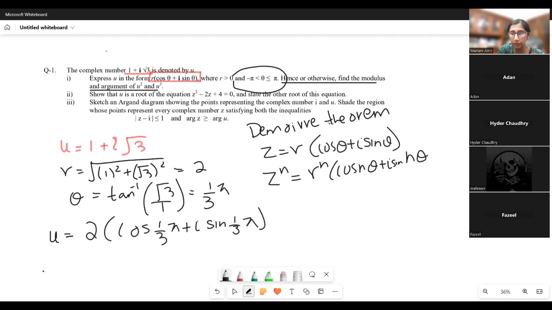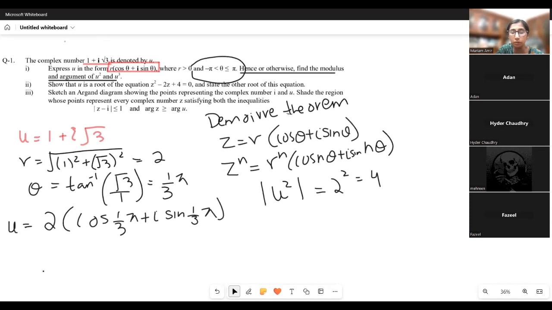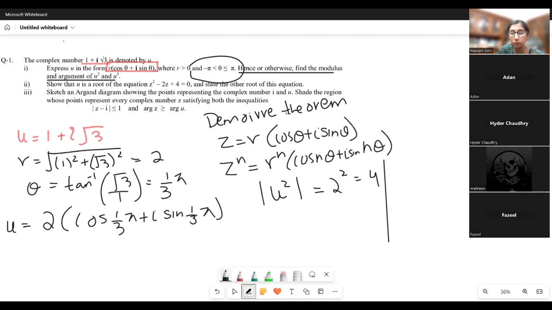So keeping this in mind, now for U square, the modulus is going to be R square, 2 square, which is 4.